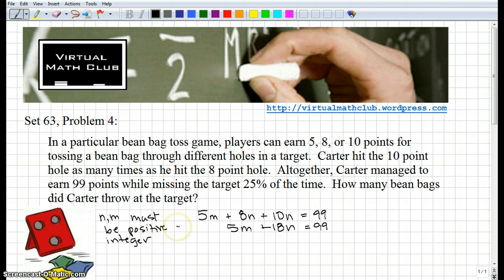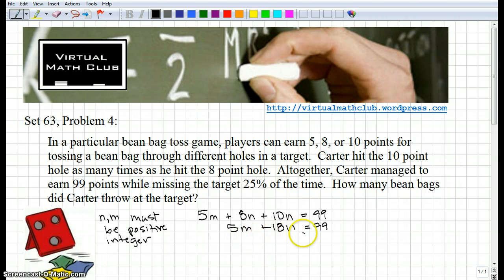And we know that because we're throwing beanbags. You can't throw a negative number of beanbags. We can't throw half a beanbag, it's very unlikely. So we're not going to worry about the fractional beanbags. We're going to assume that the number of beanbags he throws is a whole number. So that actually helps us, it helps eliminate possibilities.